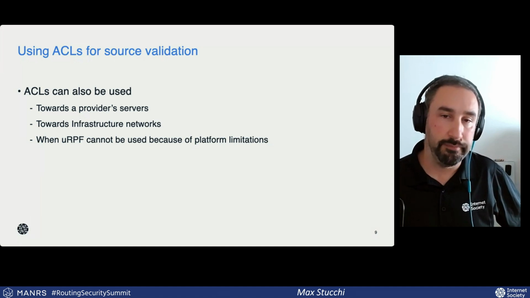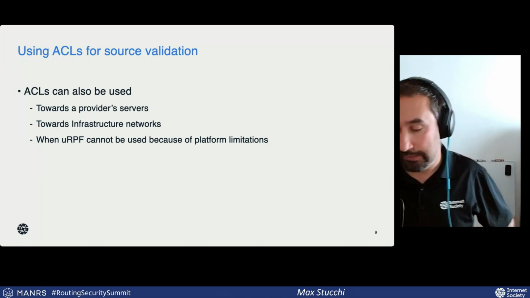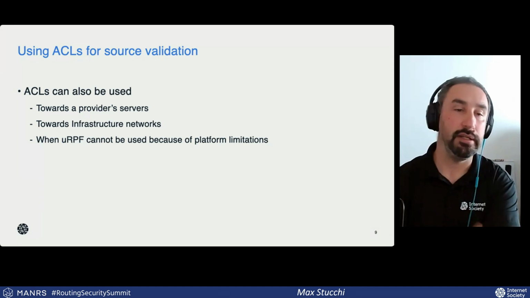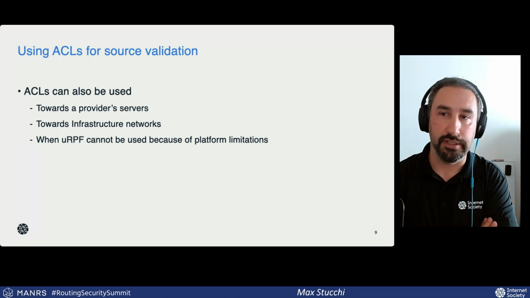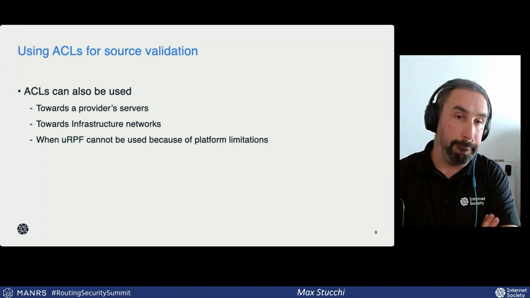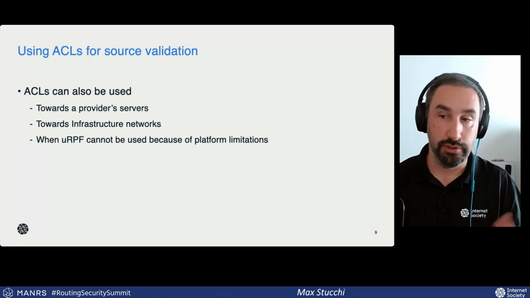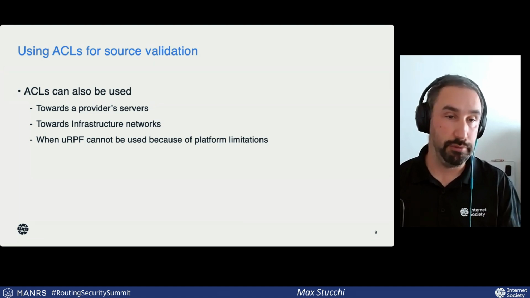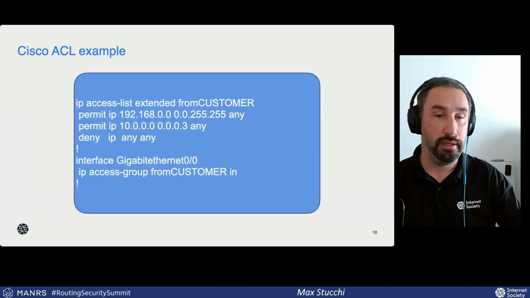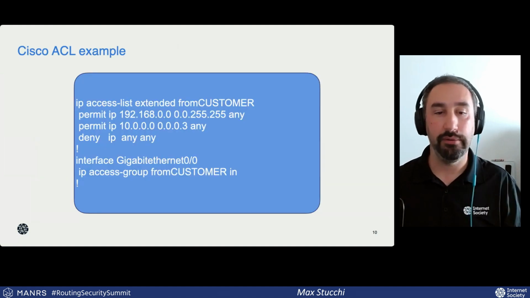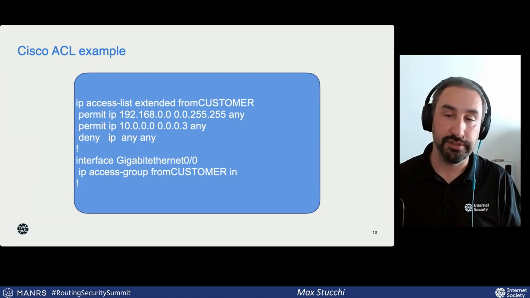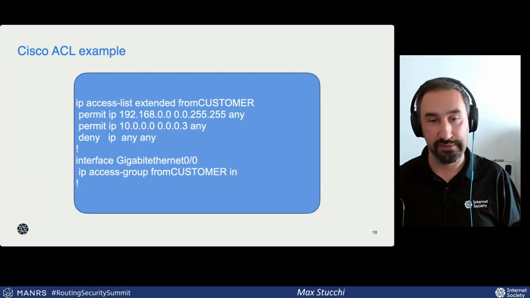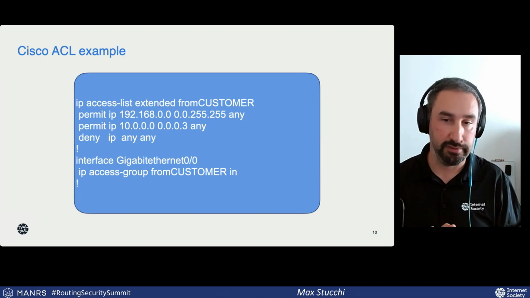This was basically an idea that came up in the early stages, before even RPF was invented, because there was no such advanced feature. So you would apply an access list saying, I only allow and permit certain source addresses coming on that interface, and then you apply that ACL to that interface.